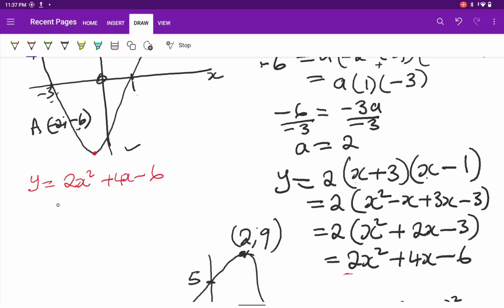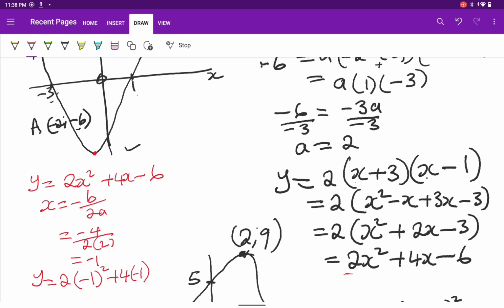We want the y coordinate of the turning point, so we will get the x value first, which we said is minus b over 2a, and then we substitute. The b value is 4, 2a is also 2, and then we get -1. So the x value is -1, and then we put the -1 there. So y will be 2 times (-1) squared plus 4 times -1, and then minus 6.